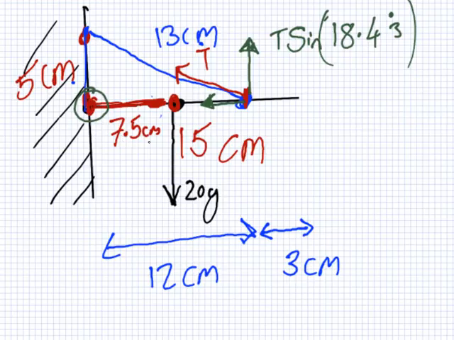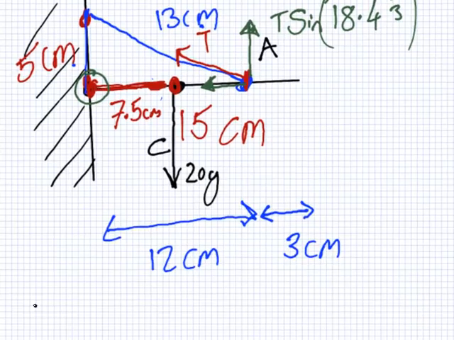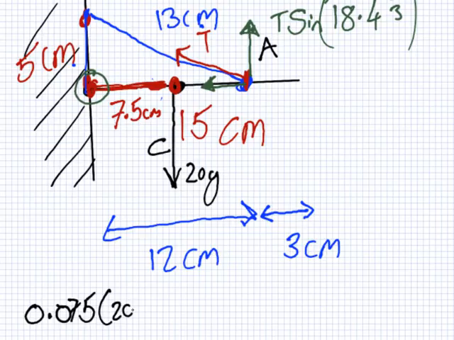And what's the first force? Clockwise or anti-clockwise? Anti. So we have 0.075 multiply 20g. What should that equal? It's 14.715.